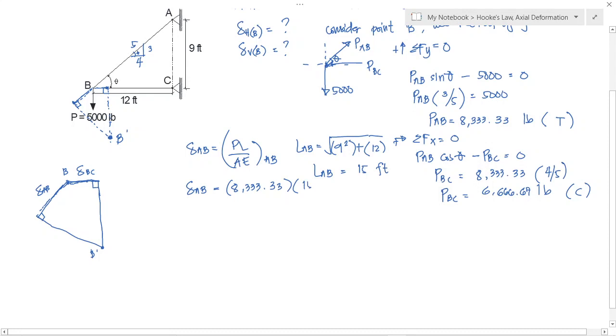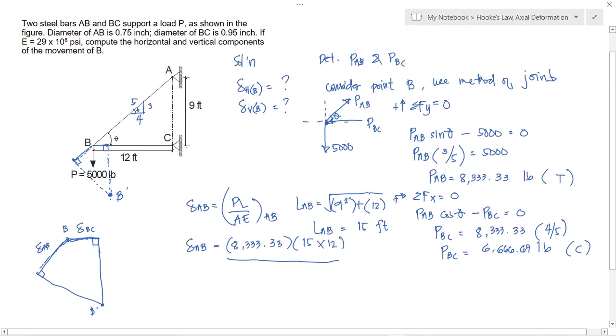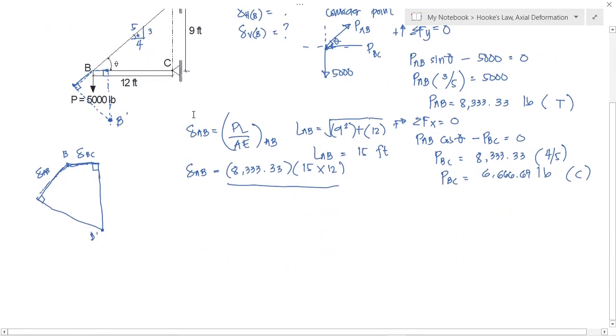So we have 15 feet multiplied by 12 to make it inches, divided by the cross-sectional area. Cross-sectional area of AB: the diameter is 0.75. So area is pi d squared over 4, multiplied by the modulus of elasticity, 29 times 10 raised to 6.